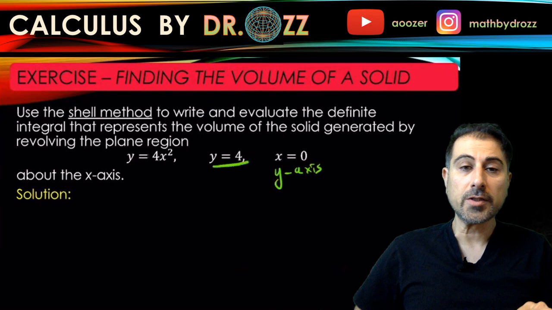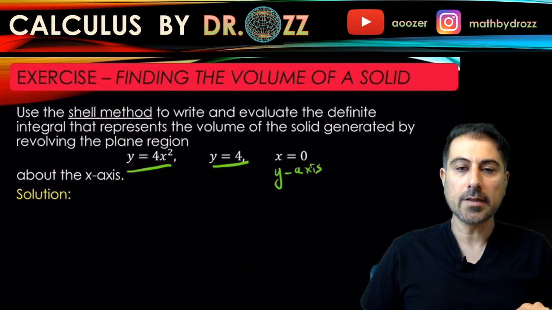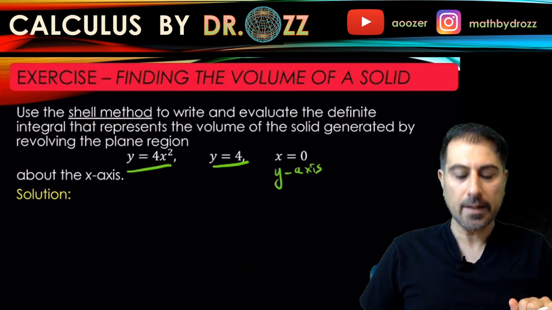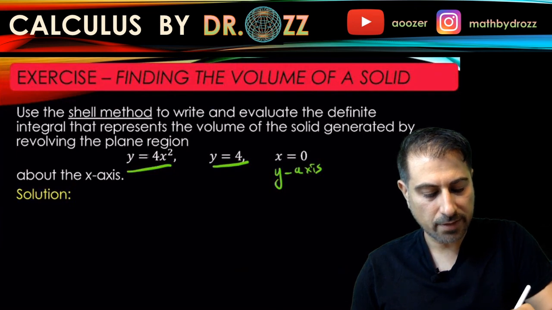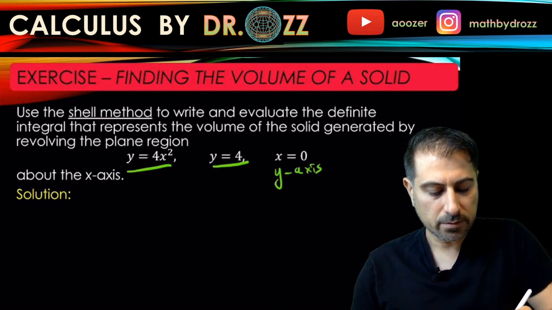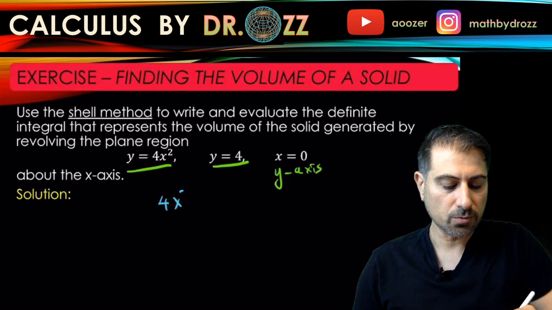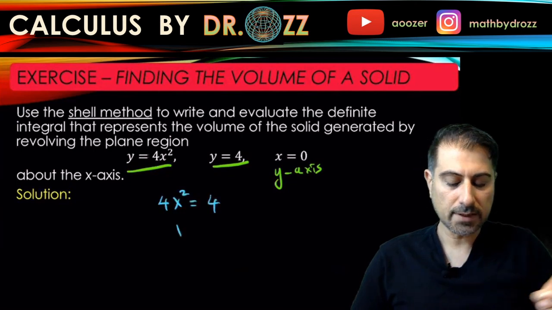So go ahead and plot y equals 4x squared and y equals 4 in the same plot. They will intersect at some point. Let's quickly find where they intersect. Let's set the y values equal. That makes x squared equal to 1, and x equals plus or minus 1.